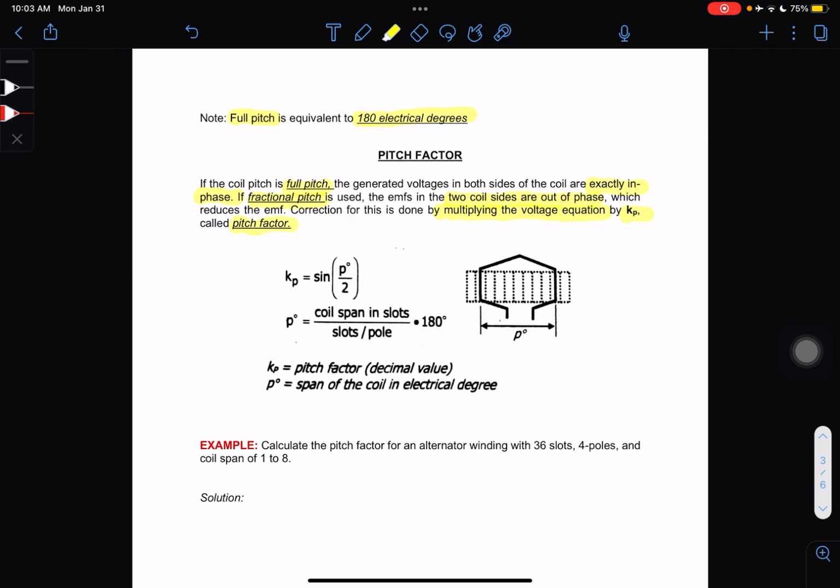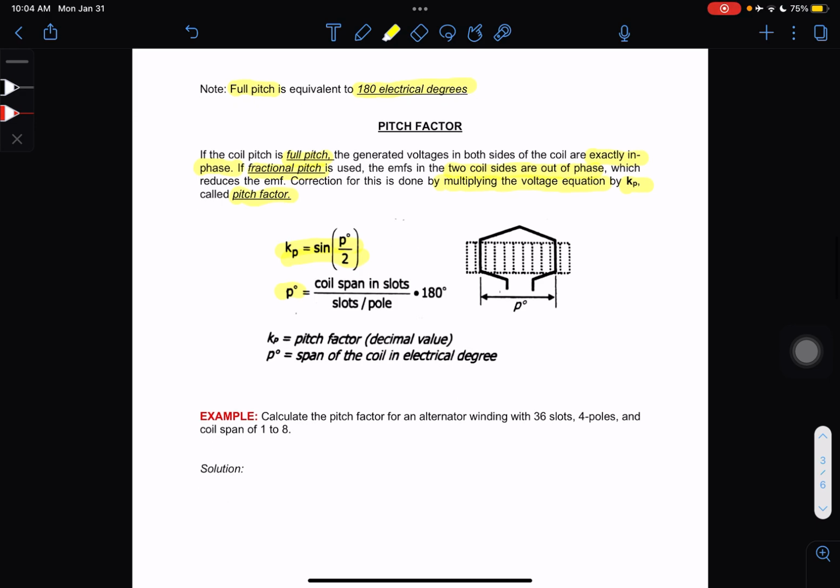So we have here our formula. Pitch factor is equal to sine of P degrees over 2, where P degrees is equal to the span of the coil in electrical degrees. In our formula, P is the coil span, slots divided by slots per pole, multiplied by 180 degrees.